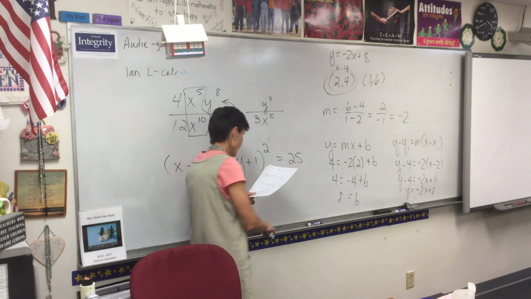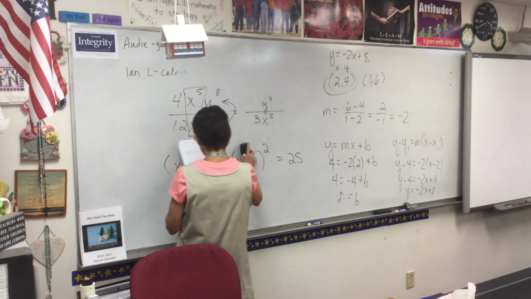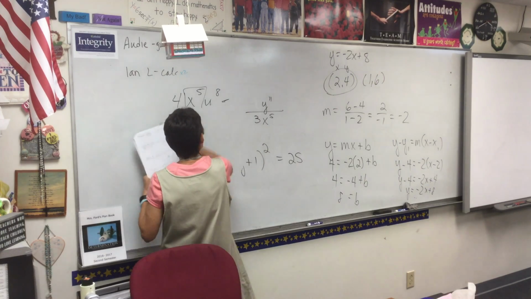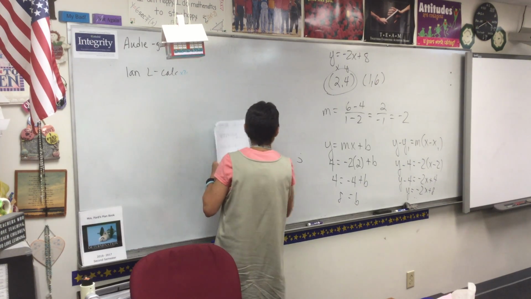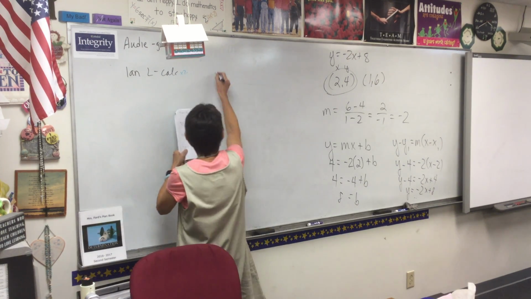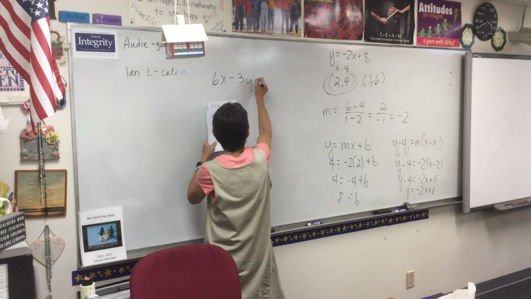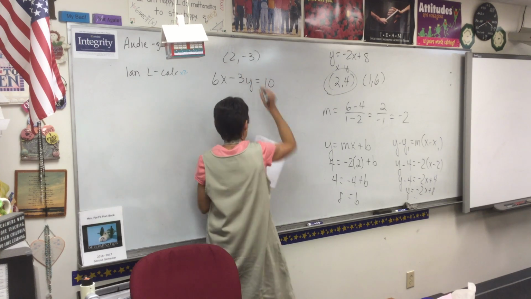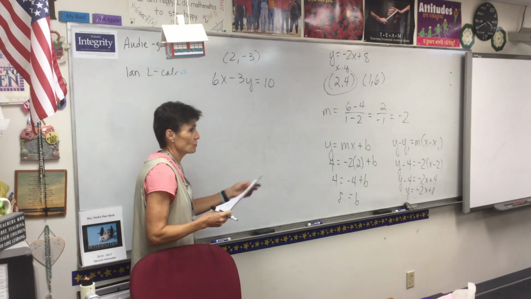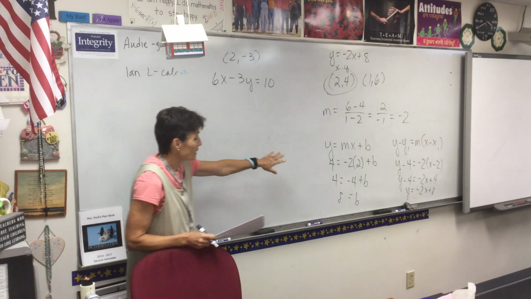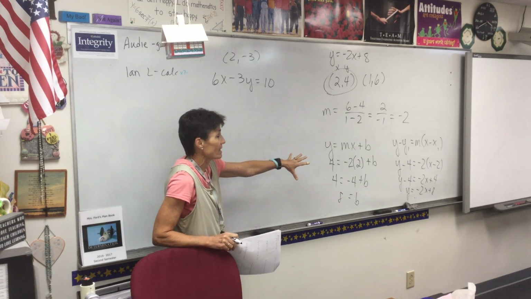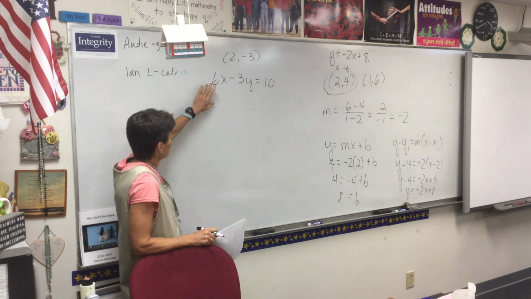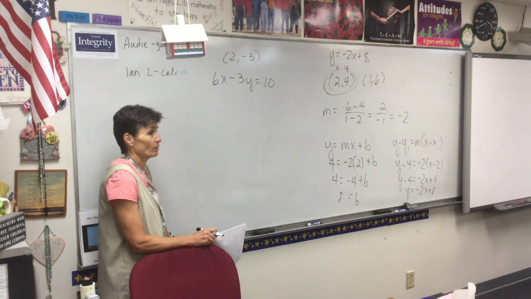All right, next one. Now we're going to write the equation of the line parallel to a given line, parallel to this one, and containing the point 2, -3. Okay, so what's your thought on that? We're writing the equation of a line, so essentially we're doing the same thing, but it's got to be parallel to this and contain that point.